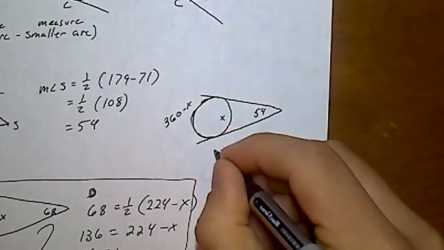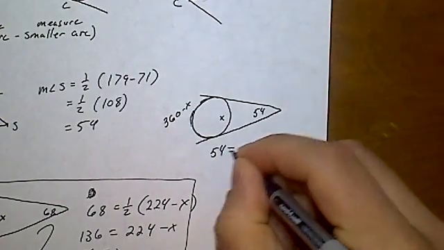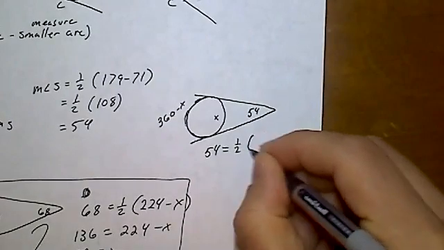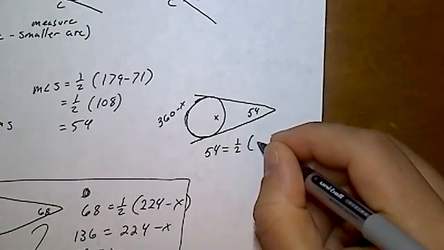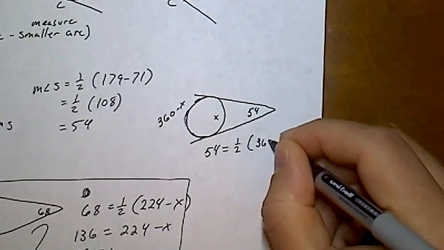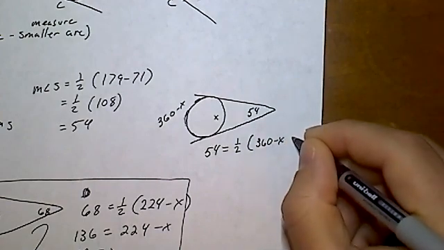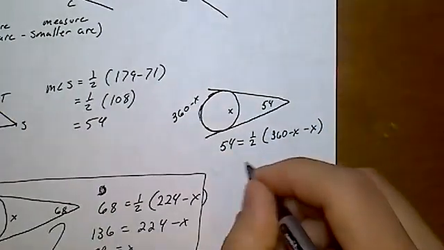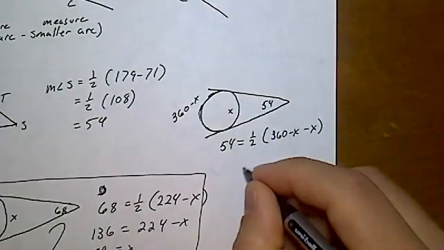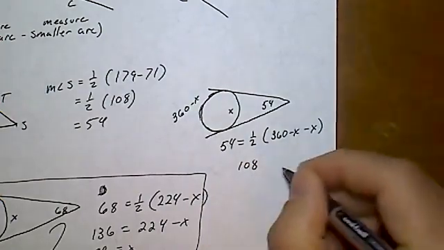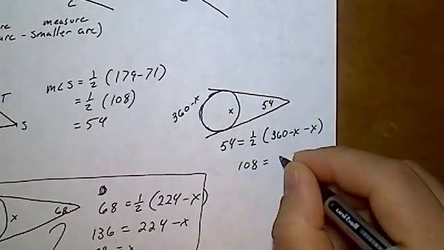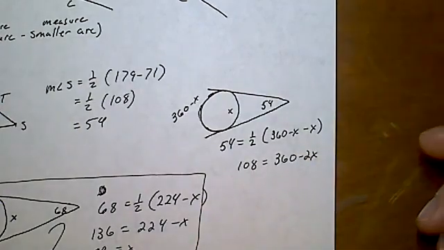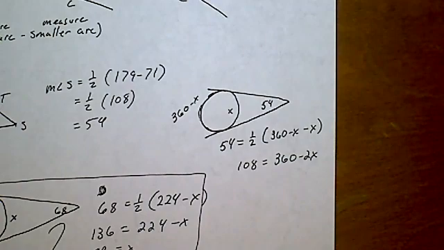And so here, 54 would have to equal 1/2 of 360 minus x minus x. Multiply both sides by 2, we get 108. 360 minus 2x. Subtract our 360 from both sides.